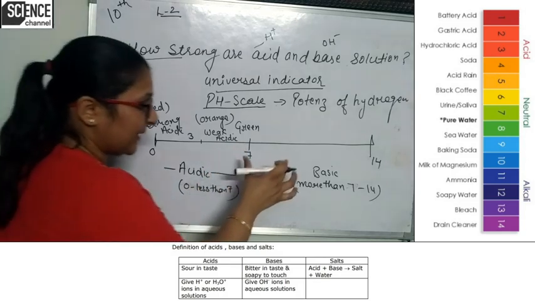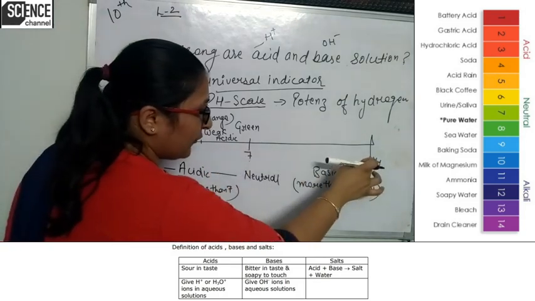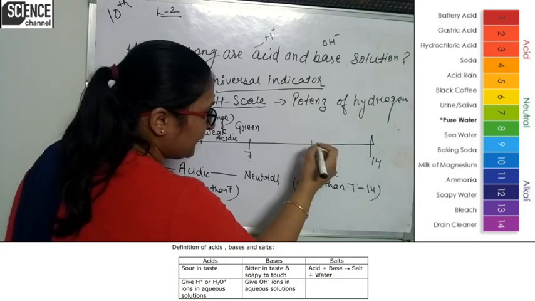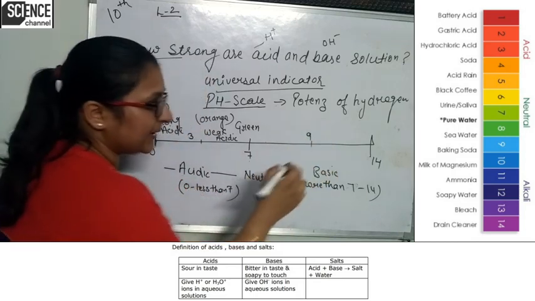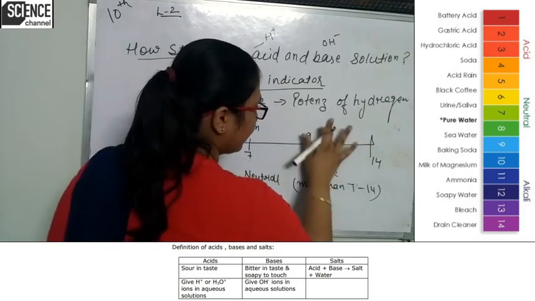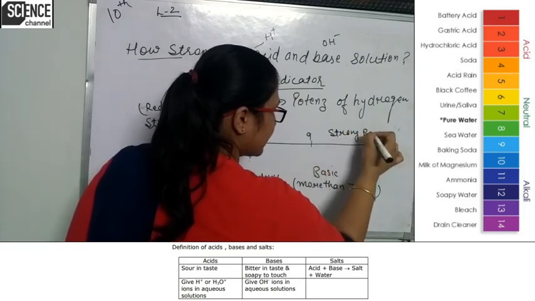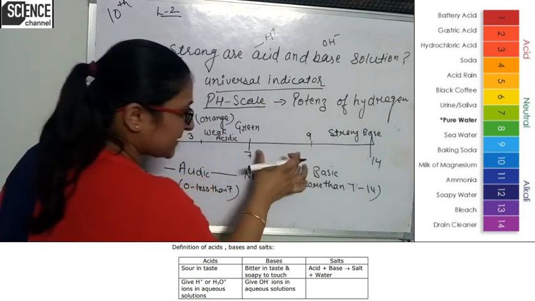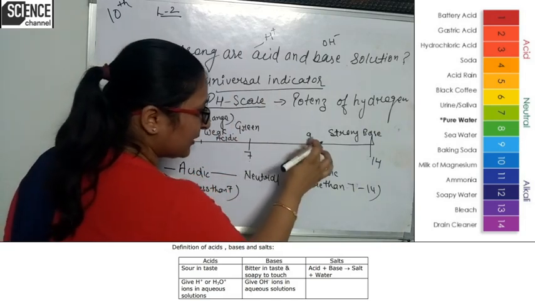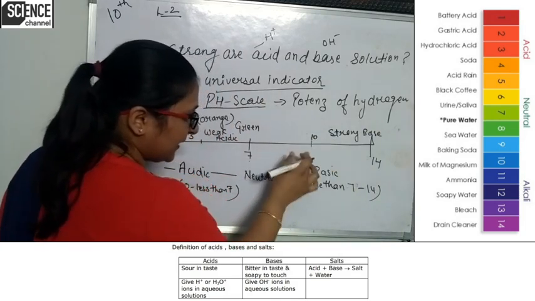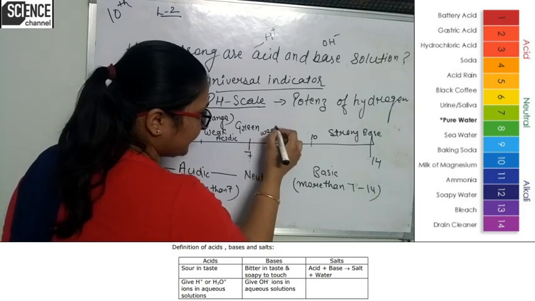Now talking about the base. Base is 7 to 14. If it is more than 9, it means a strong base. If it is more than 7 or about 7 level, then it is a weak base.